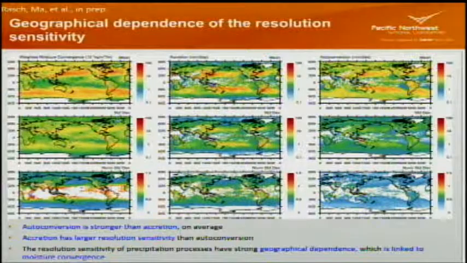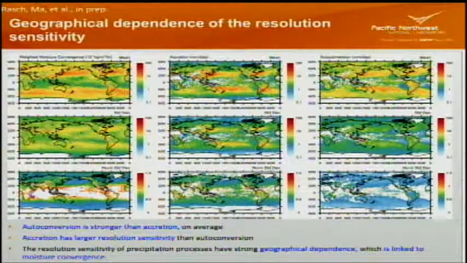That's how the model is doing right now. But this is the standard deviation of the 4 resolution simulations, and then taking the annual average. And you can see that, and this is for the autoconversion. So you can see accretion has a higher resolution sensitivity than the autoconversion.